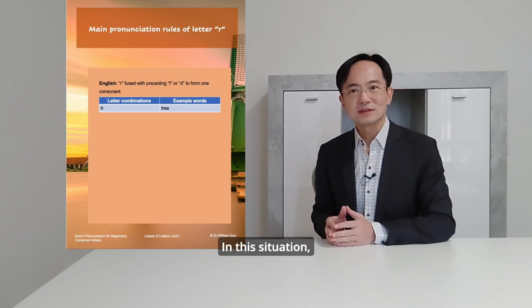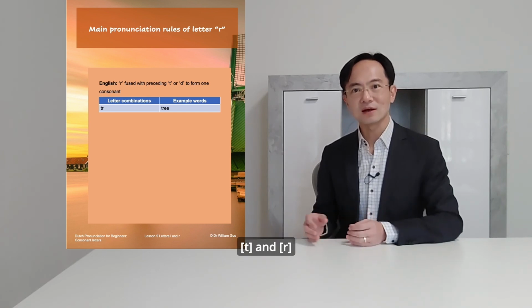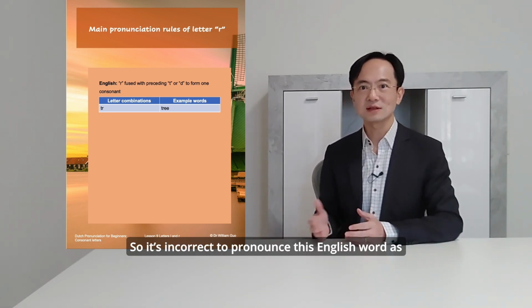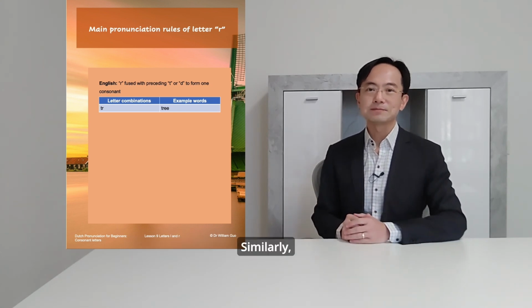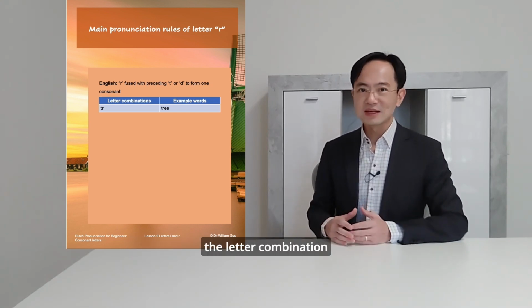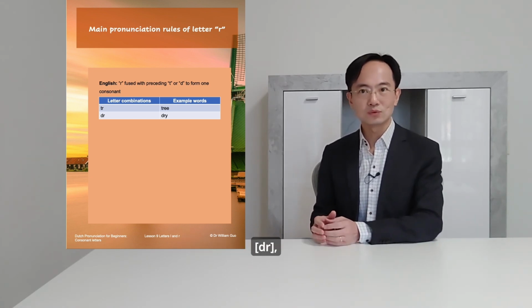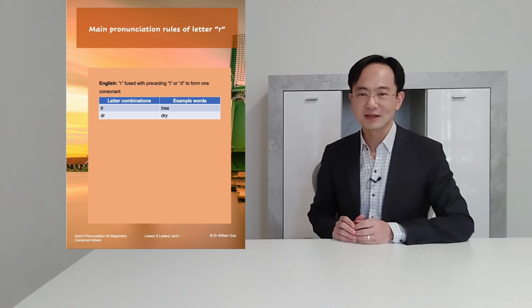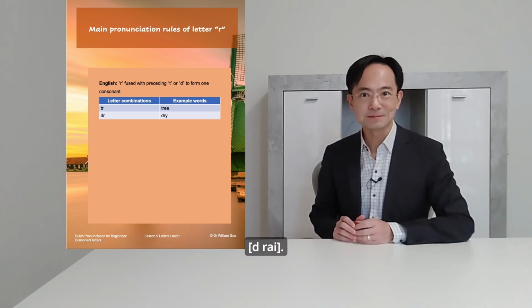In this situation, it's incorrect to pronounce the consonant letters T and R separately. So it's incorrect to pronounce this English word as tree. Similarly, in English, the letter combination dr is pronounced as one consonant dr, as in the English word dry. It's incorrect to pronounce this English word as dry.